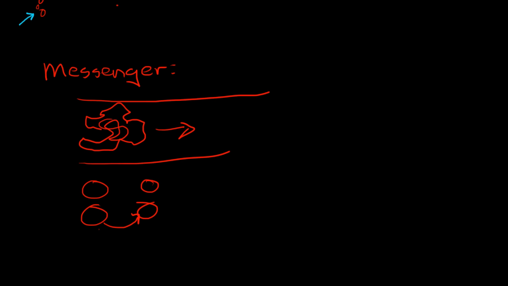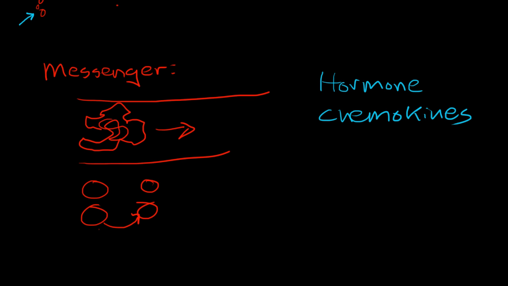So these messenger proteins are things like hormones, chemokines, and receptors. So the thing that carries the message and the proteins that receive the message.